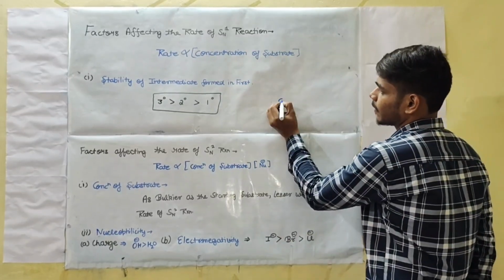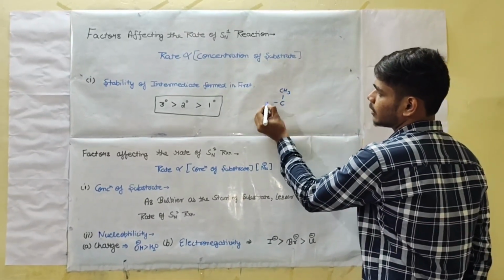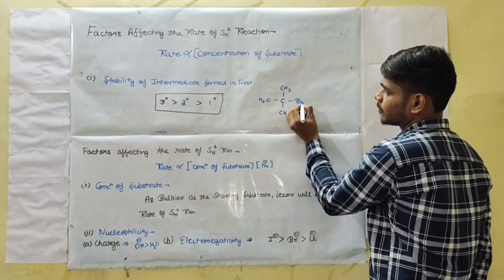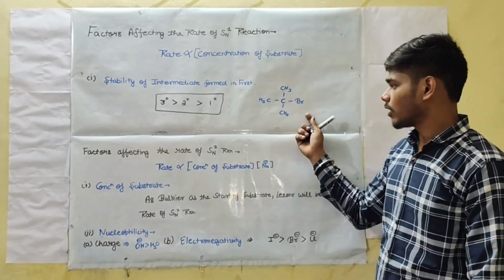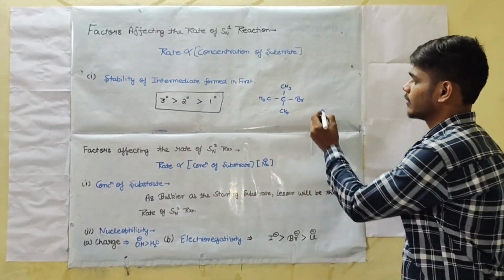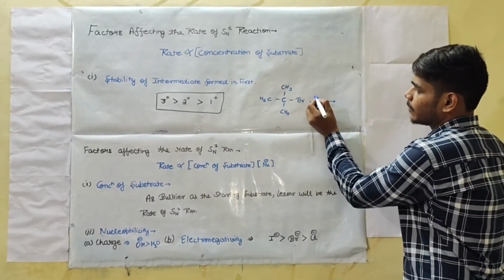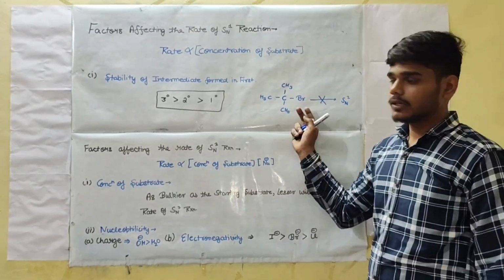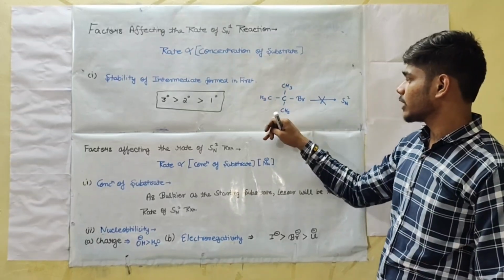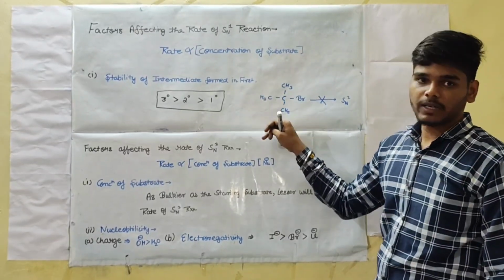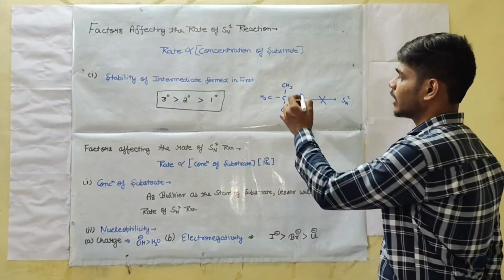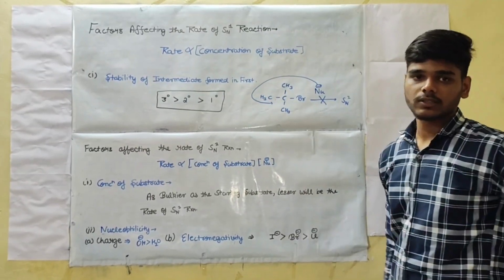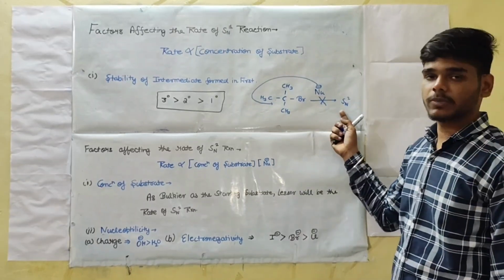For example, tertiary butyl bromide as a starting substrate cannot undergo SN2 reaction because the tertiary butyl group is highly bulky, so the nucleophilic attack from the back side cannot take place, and thus the product cannot be formed.